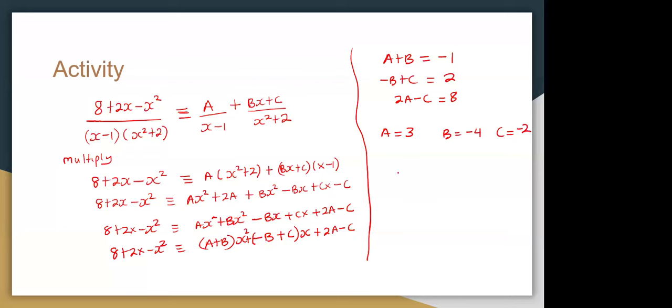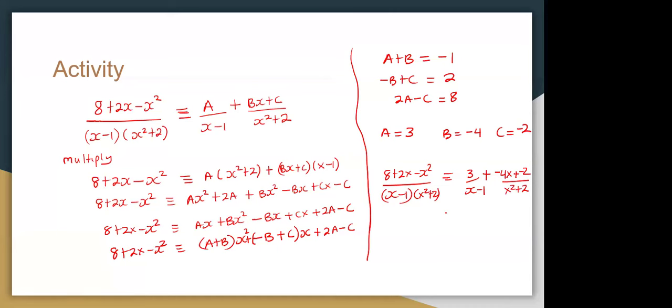My conclusion was 8 plus 2x minus x squared divided by x minus 1 into x squared plus 2 is equivalent to 3 over x minus 1 plus -4x minus 2, divided by x squared plus 2.